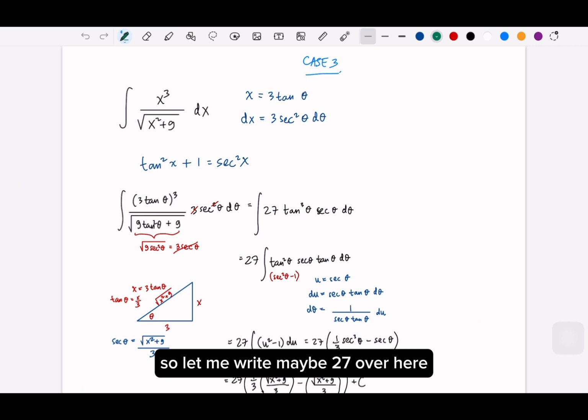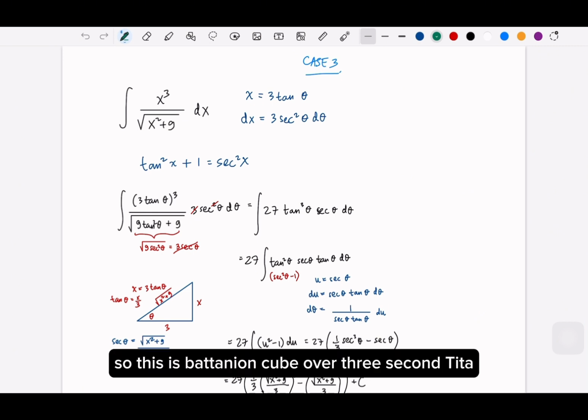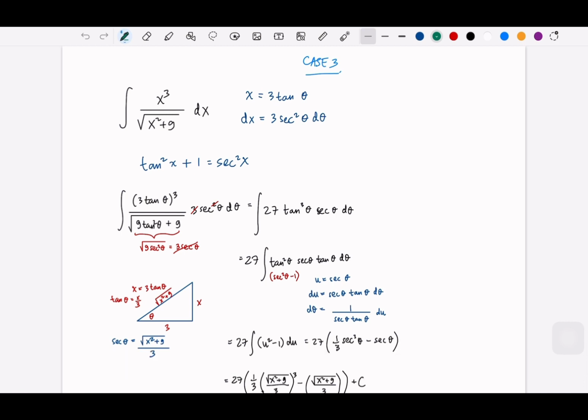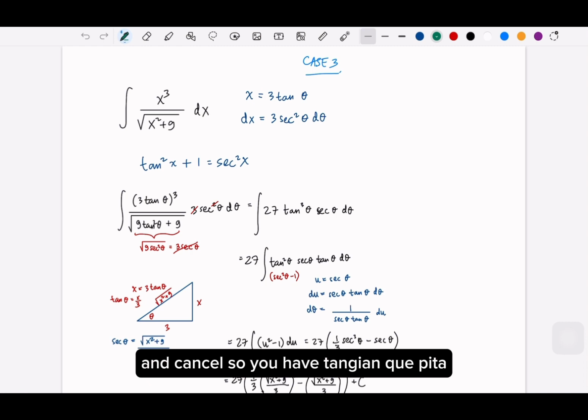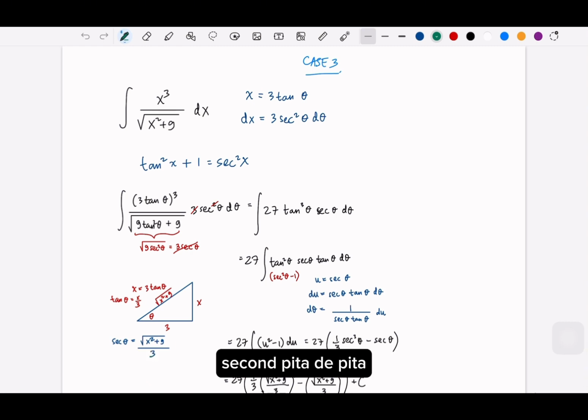So let me write maybe 27 over here. So this would be tangent cube over 3 secant theta, and then this will be 3 secant squared theta d theta. And just cancel and cancel. So we have tangent cube theta secant theta d theta.